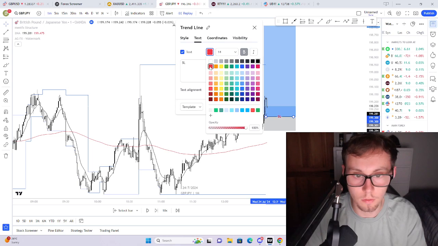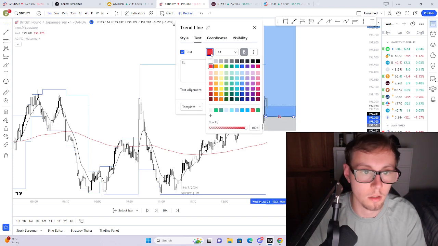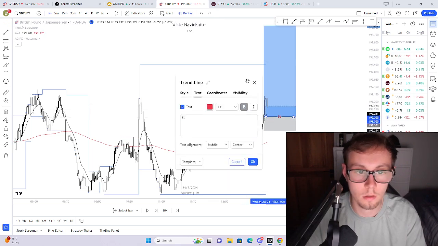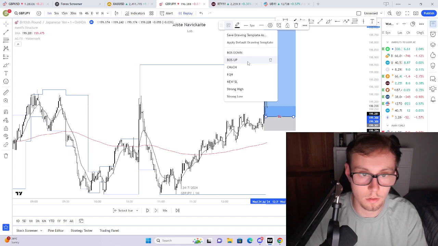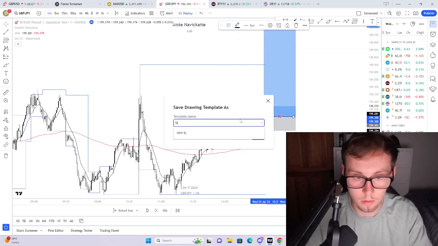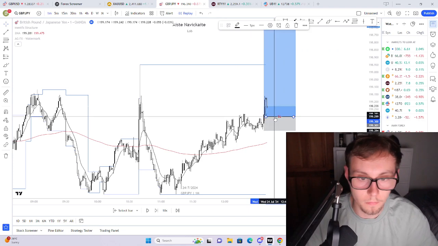I want the text to be red, no, blue, no, probably red, to be fair. Red does scream masculine. Okay, cool. Stop loss. And then I just need to save it. I remember having all of these. This is crazy. I'm just going to put stop loss. Okay, cool.